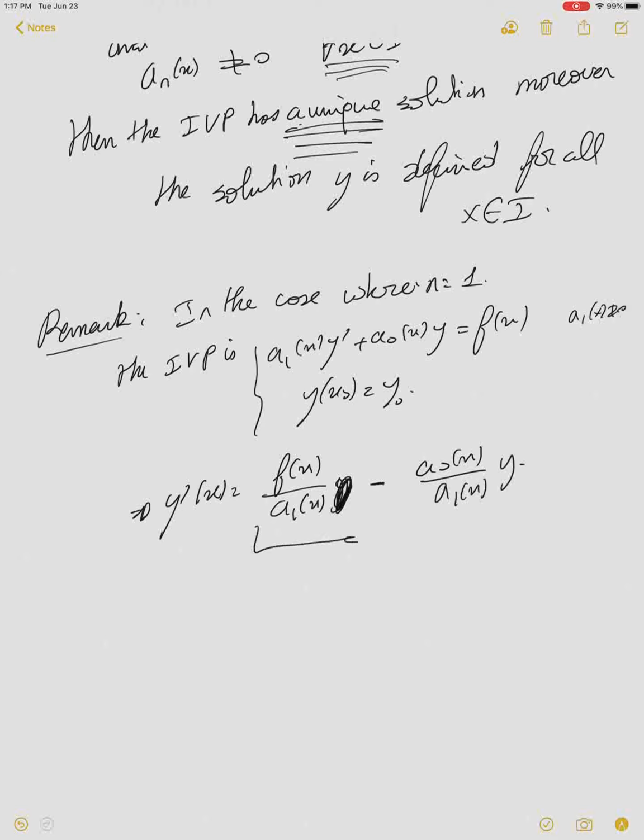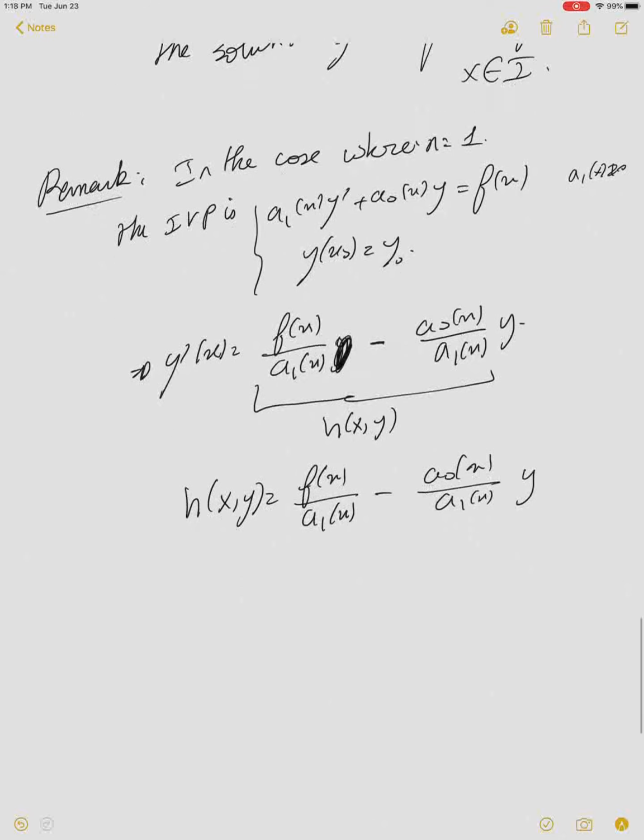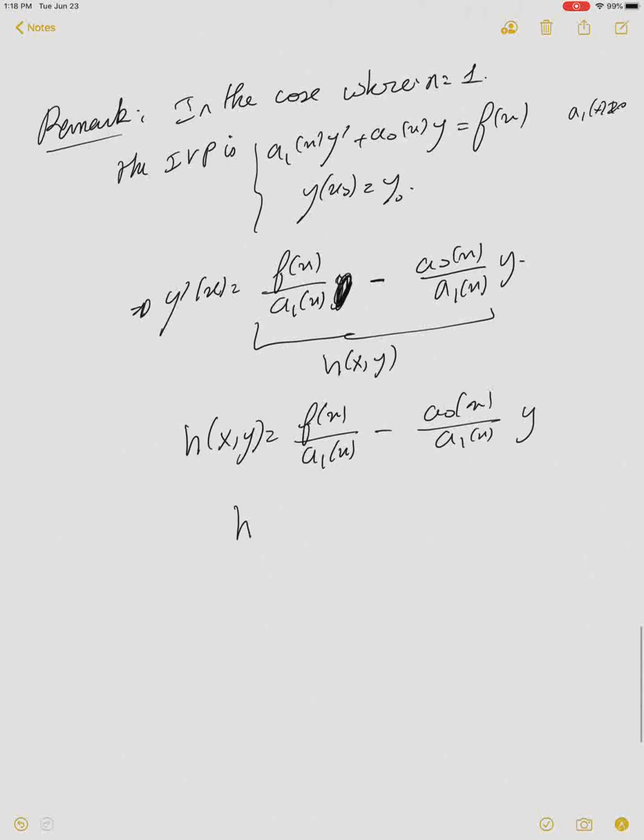So I have y' equal a function h(x,y), where h(x,y) = f(x)/a1(x) - a0(x)/a1(x) y. So what is h? h is continuous for all x belongs to I.